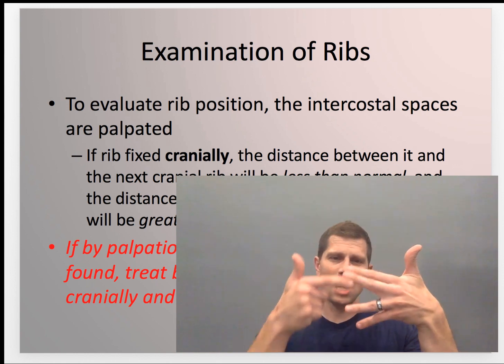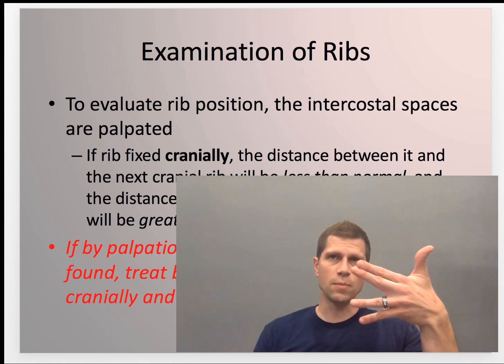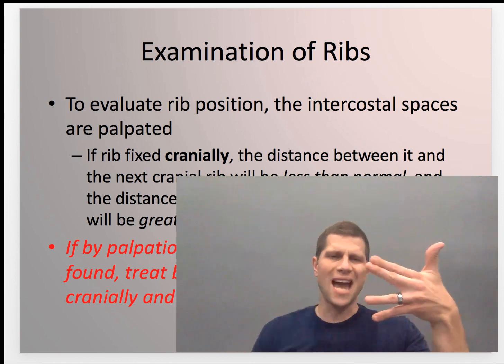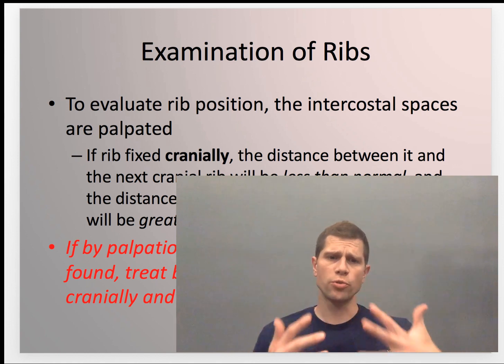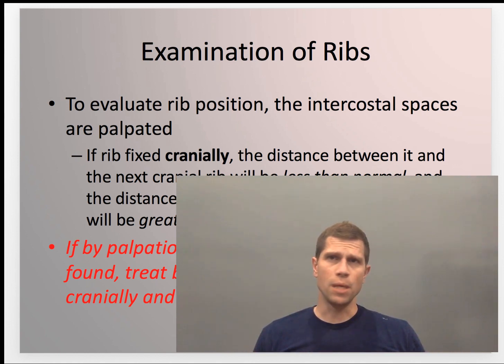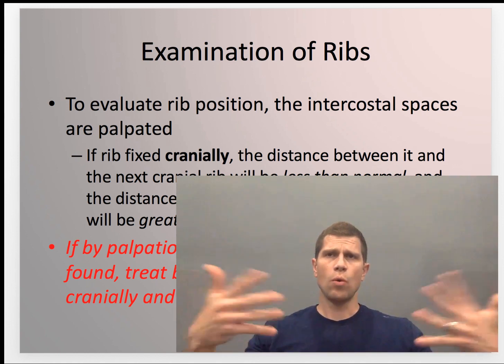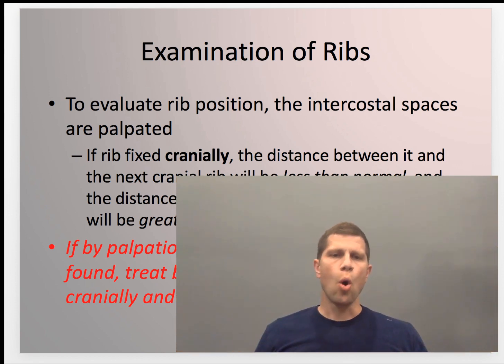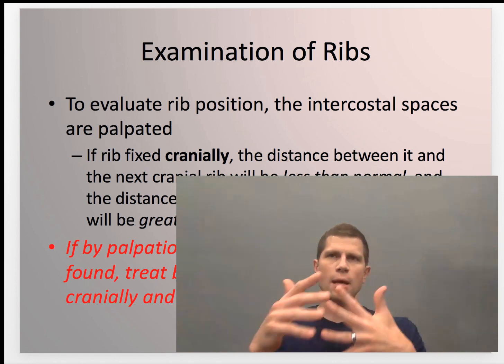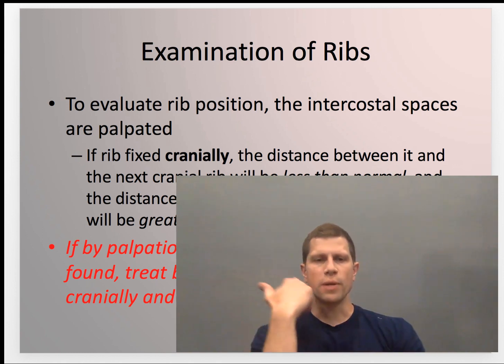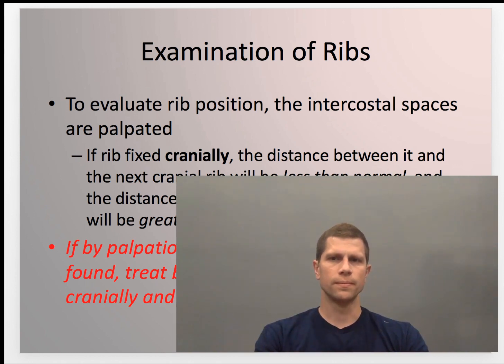So if this one is now being pulled up, imagine spasm of the intercostal muscles, then that gap is going to be larger. That is what we're trying to palpate, be it statically while a patient's just lying down or seated, or as we start distracting the shoulder, you might feel either lack of movement or increased movement at certain levels.